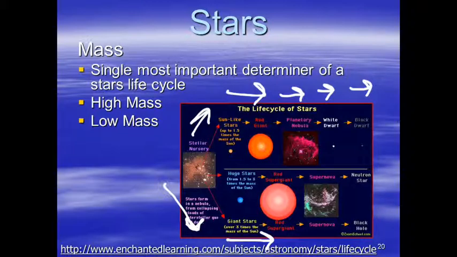It will explode. That's the supernova. So will our star ever supernova? No. Our star will not supernova. Our star will become a nebula, but a giant star is the one that can become a supernova. And from there, it can become a neutron star or a black hole.